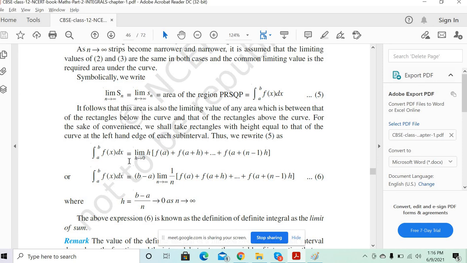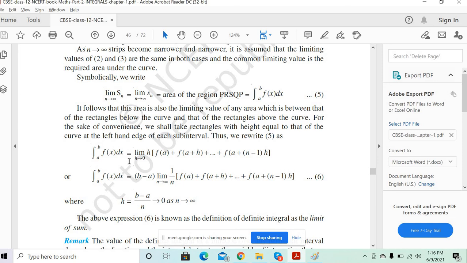The meaning is very simple here. Integration from a to b of f of x dx means you apply the limit h tends to 0. That means you are dividing into very small widths. And then you substitute the x value: first f of a, then f of a plus h, and so on, all in terms of the first term, up to f of a plus n minus 1 h.